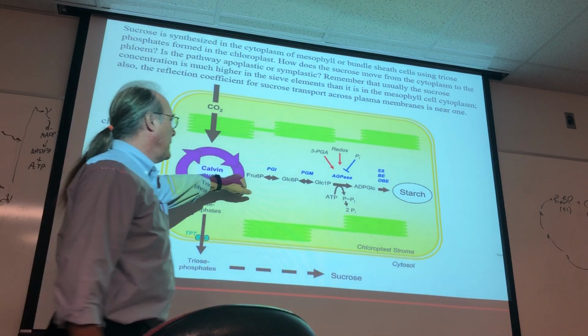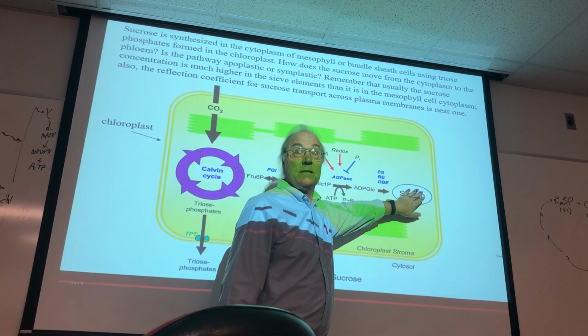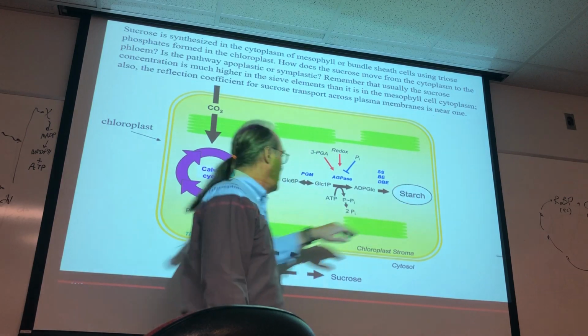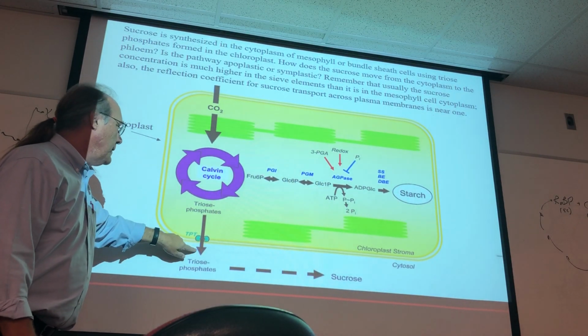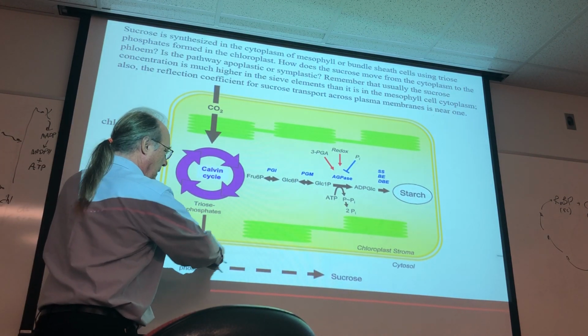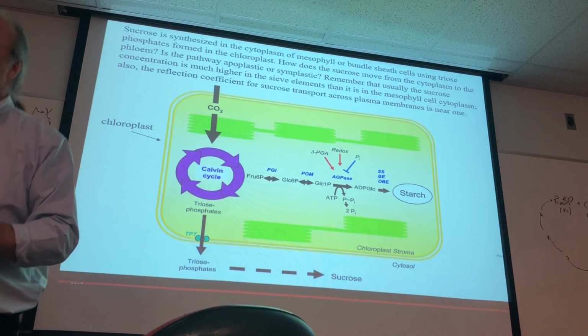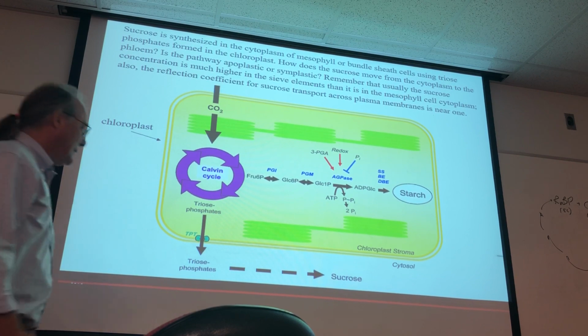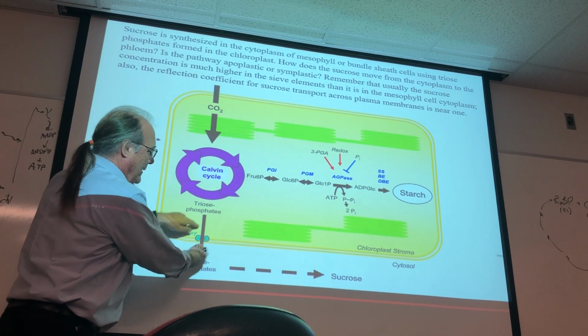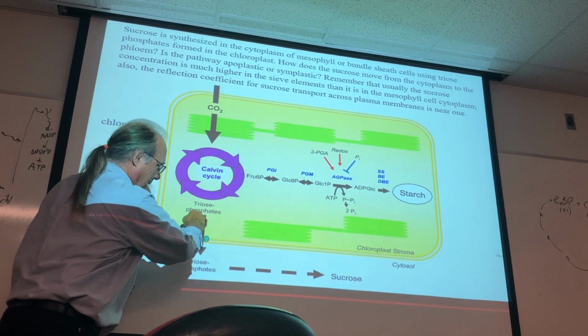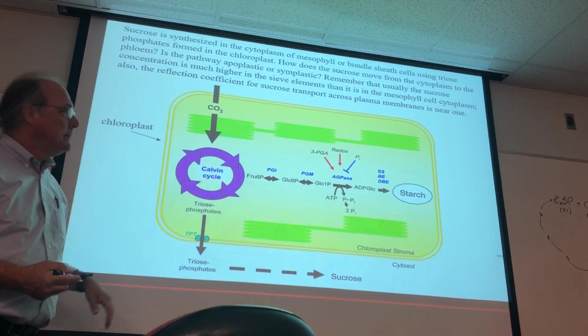That 3-carbon thing is either incorporated into starch within the chloroplast, or it's transported out of the double membrane surrounding the chloroplast in exchange for an inorganic phosphate. It's a co-transporter. If there's no phosphate out here, you can't get the carbon out of the chloroplast.